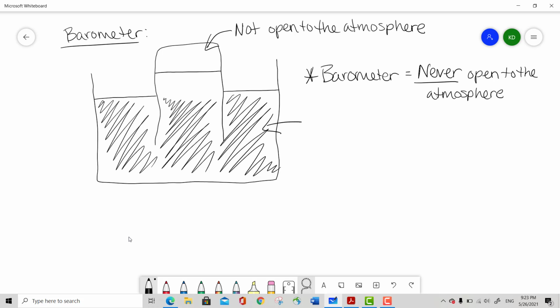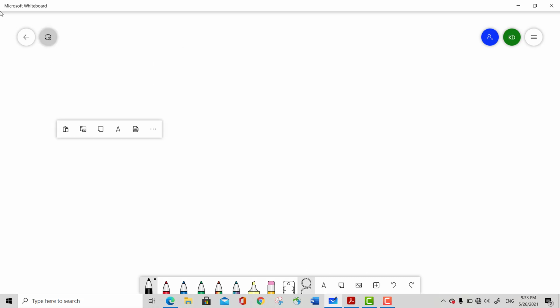And then this barometer liquid can be mercury or oil, etc. So we've got 3 principles of a manometer or barometer, and I'm going to use a manometer just because I think it's easier to see what these 3 principles mean.